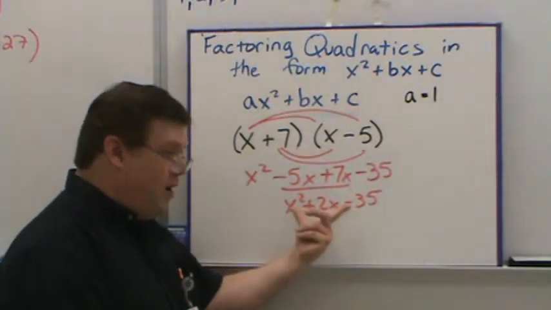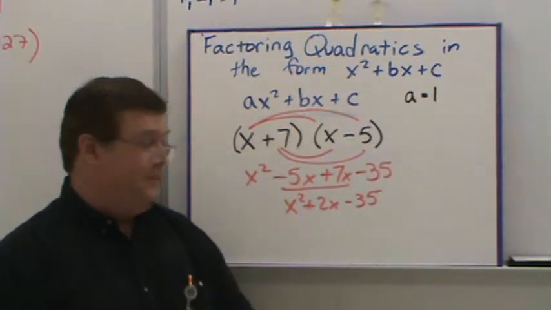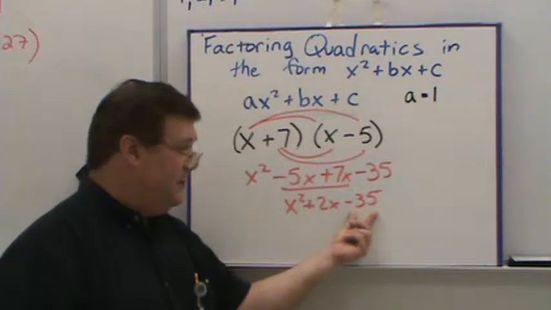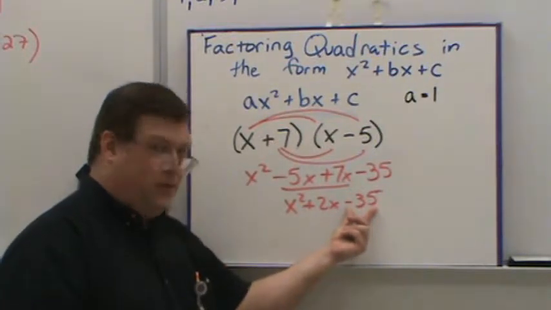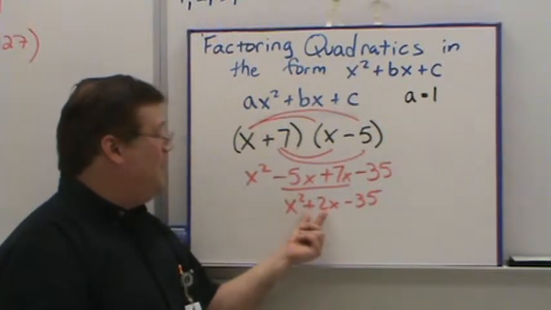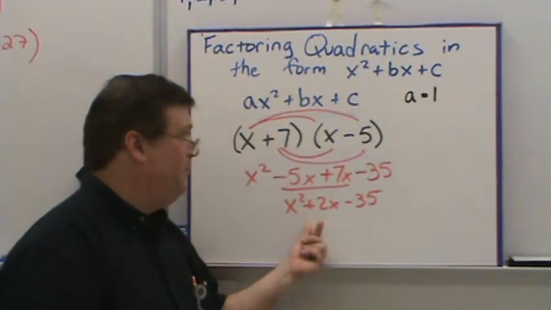So we're going from this back to two binomials. To do that, we're going to look at the last term and ask ourselves, what numbers multiply to give me this number, and what numbers add together to give me this number.